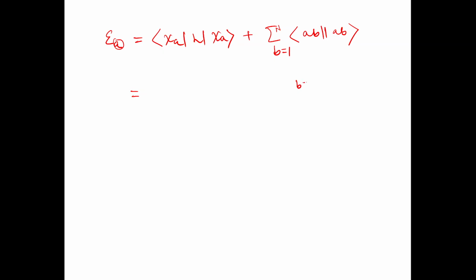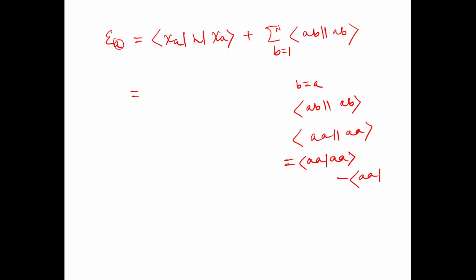So when B is equal to A, you can write AB in any way. So this is actually basically AA, right? So what is this term? This is actually 0, right? Because this is AA minus AA. And remember, this is called the self interaction. So what does that mean?